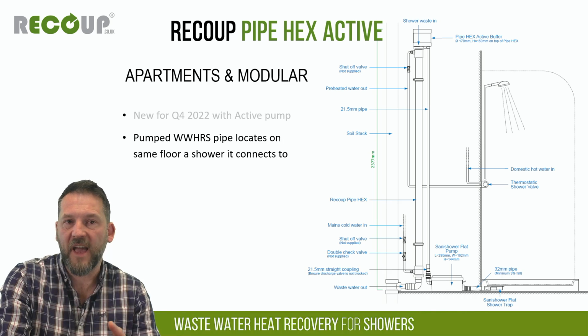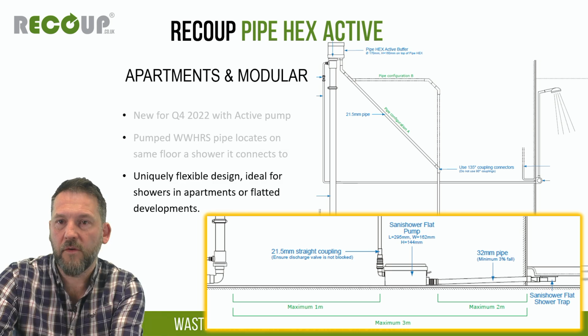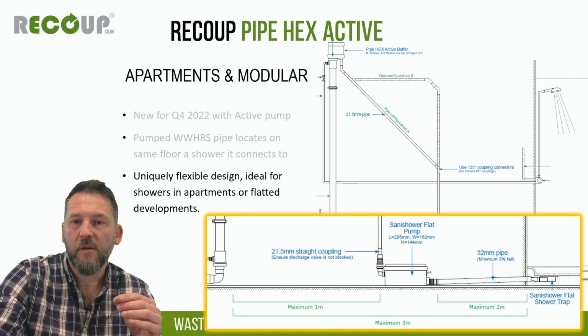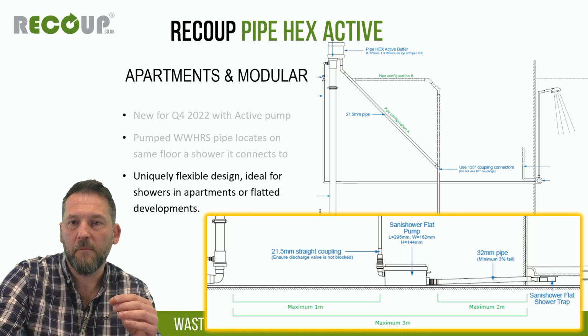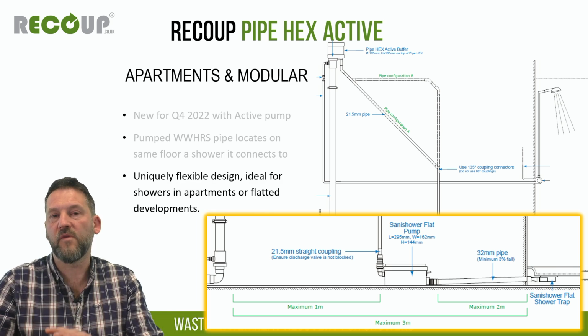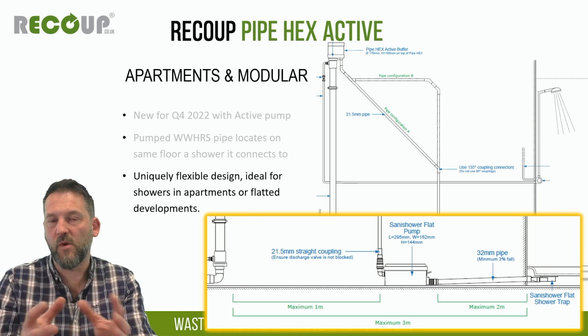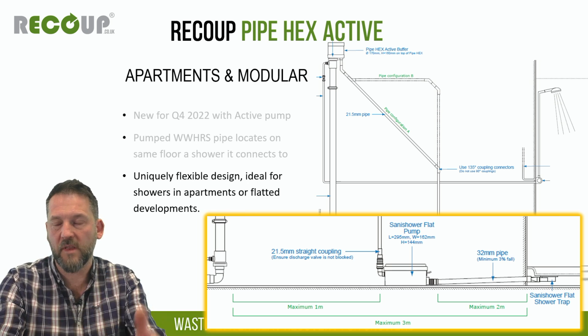There's a couple of CADs here which I can send to anyone that's interested, but essentially, let me drop through to the next one here. Around 2 meters is allowable between the shower trap and the pump, and then around 1 meter or so between the pump and the pipe. So for designing to most bathrooms or modular pods, that sort of thing, we can be very flexible with this, and Recoup can support you in terms of designing in.